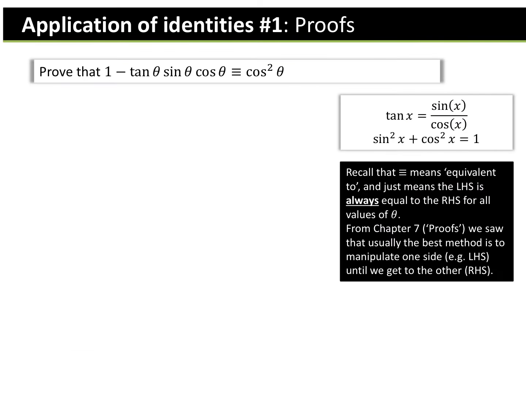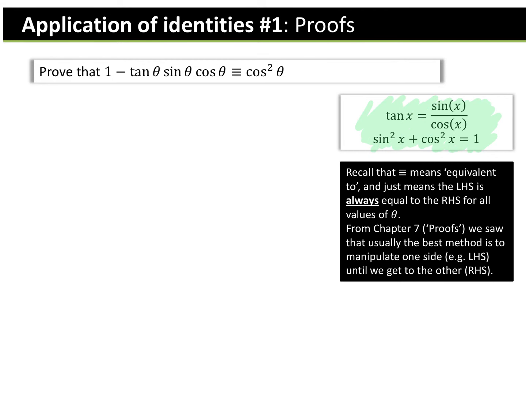So what we do with these identities is we try and prove other identities. For example, it says prove that 1 minus tan theta sine theta cos theta equals cos squared theta. You have to prove this. The only way to prove this is to use what you know. The two things you know, you should put in a magical box: silly cow, and sine squared plus cos squared equals 1.